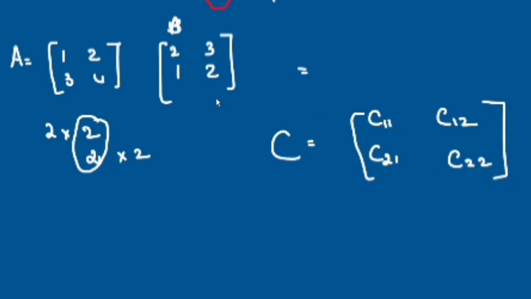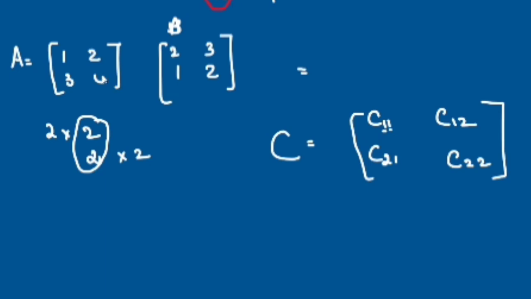Now how do I find the first element? C11 is the first row of the matrix A and the first column of B. You have to multiply the corresponding elements and then add. This one is the row of the first matrix and this is the column of the second matrix.